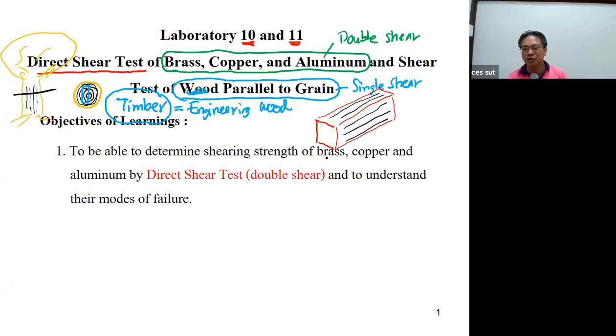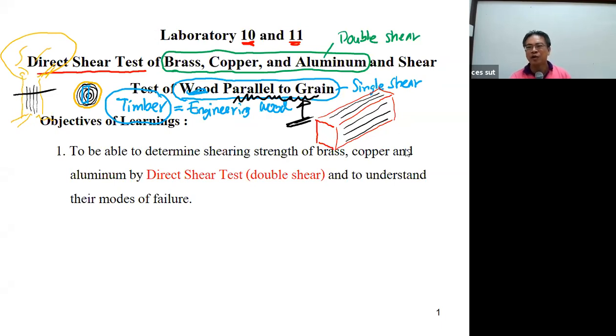So when you use the timber, most of the time we use it parallel to grain to resist the force. I will discuss this later because parallel to grain is practically used in our engineering application.